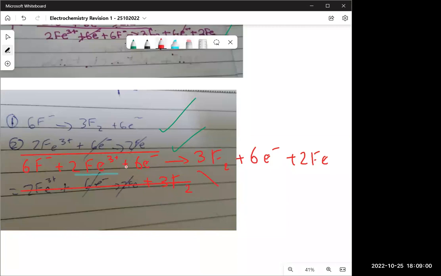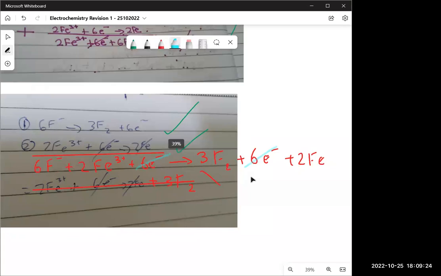No, it's only on this side. Do I have F minus on this side? Any F minus here? No. So I can't remove them because they're unique, they're not common. The only thing which is common is 6 electrons and 6 electrons.